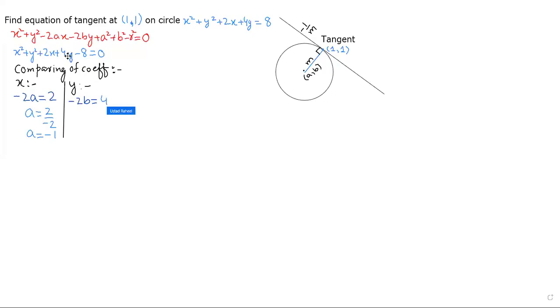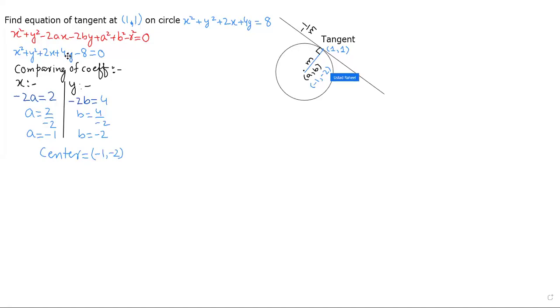When I simplify it, b equals to 4 upon minus 2, b equals to minus 2, right? So the center coordinates are coming as minus 1 and minus 2. I'm writing that in the diagram also, minus 1 comma minus 2.